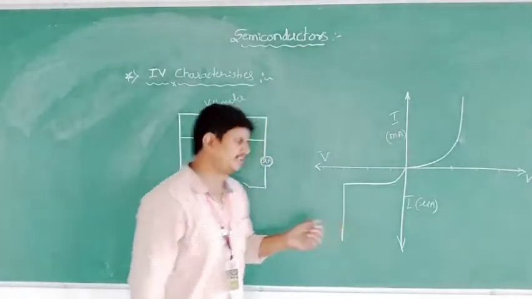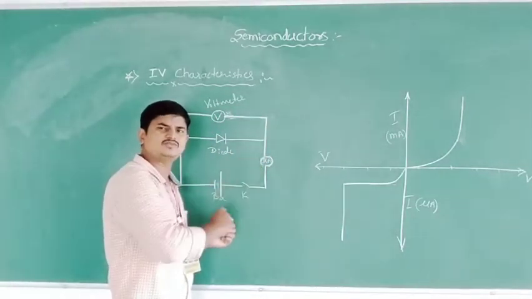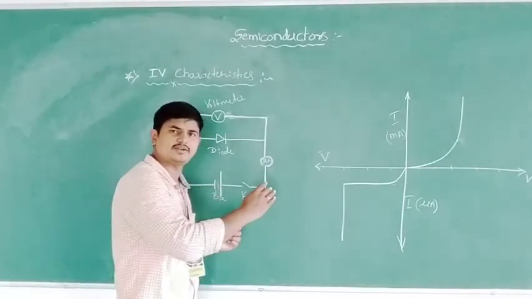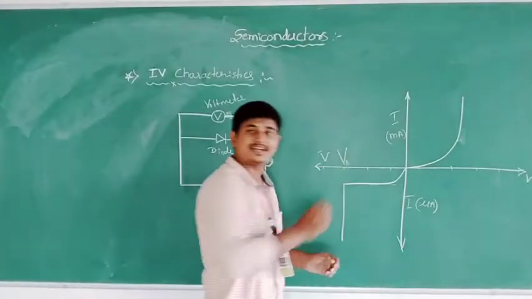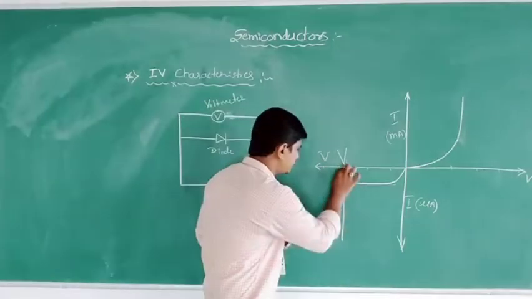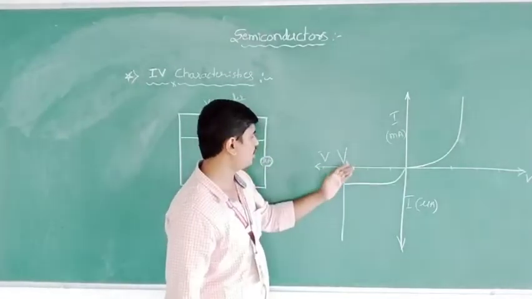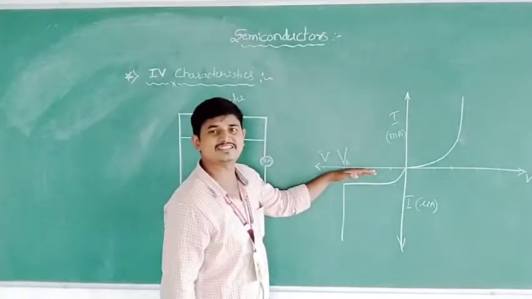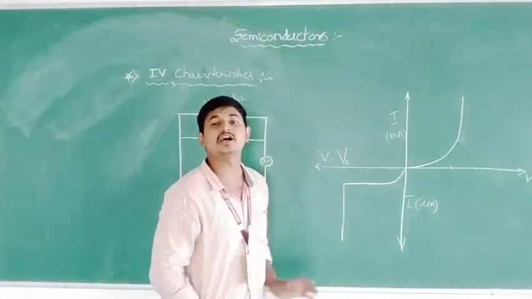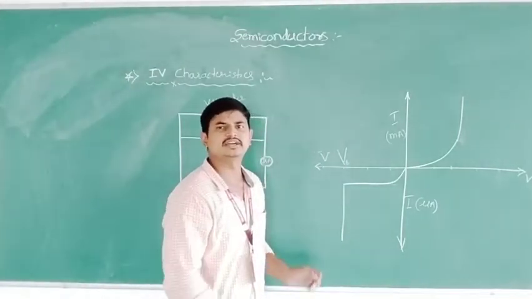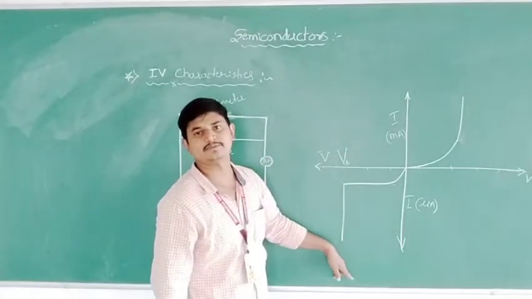As we increase the voltage continuously, at a particular voltage, which we call the breakdown voltage, there is no further increase in the voltage, but a sudden increase in the current takes place.